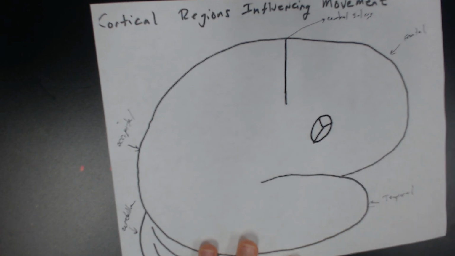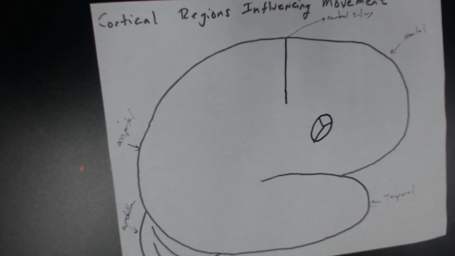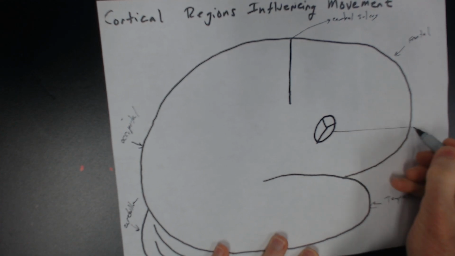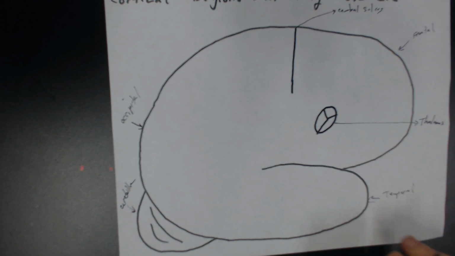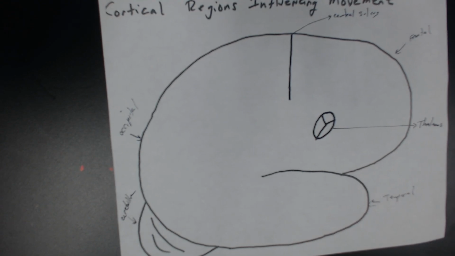This is going to be an important somatosensory relay area, and that's going to be your thalamus. So just do one thalamus. Everybody with me? See where we are? So nothing but review so far.